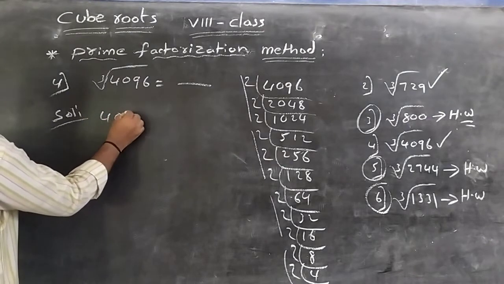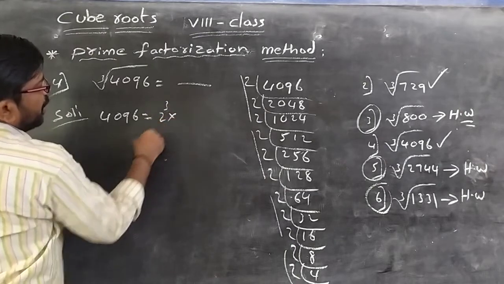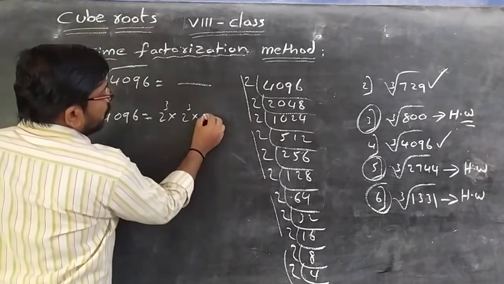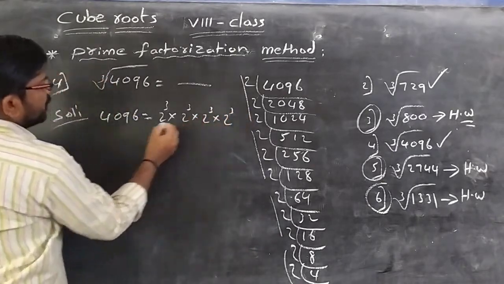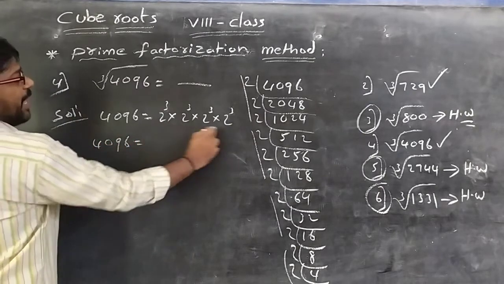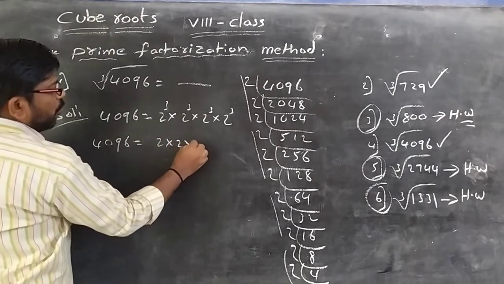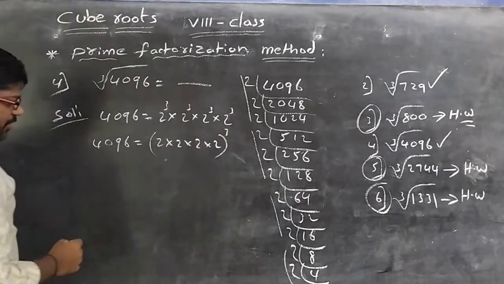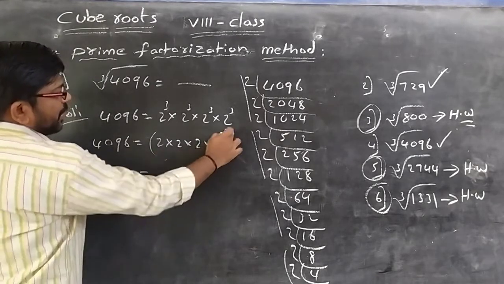So 4096 can be written as 2 cube into 2 cube into 2 cube into 2 cube. As a product of powers, that is (2 into 2 into 2 into 2) whole cube, which is 2 to the 4, 4 to the 8, 8 to the 16 cube.